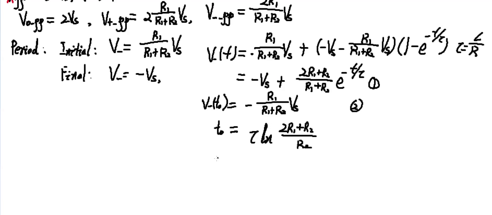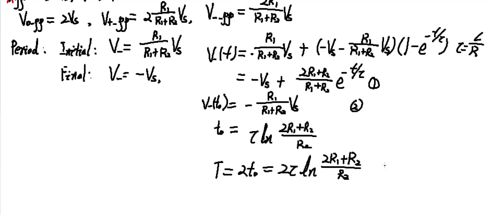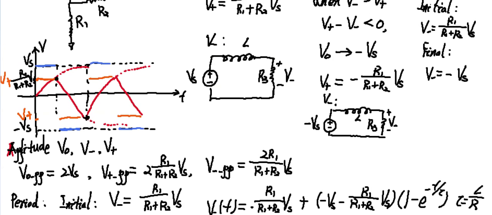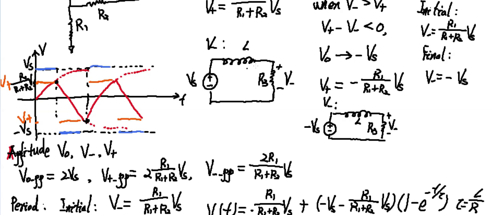So using this result, we can finally arrive that the period is equal to 2 t0, which is equal to 2 tau times log of 2R1 plus R2 divided by R2. And here, again, tau is equal to L over R. So this is the period for the RL relaxation oscillator.